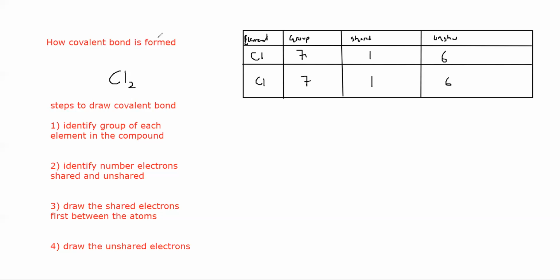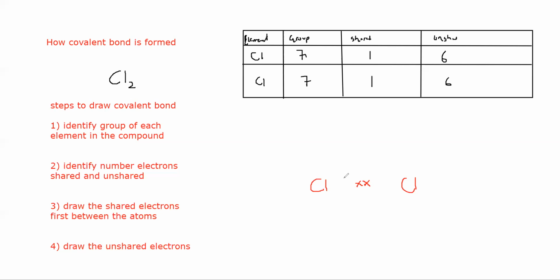Now to draw the structure, 2 chlorine you will draw. This is 1 and this is the other one. First, we will draw the shared electron between the atoms. This chlorine is sharing 1. So if this chlorine is sharing 1, this chlorine is also sharing 1. So these are the shared electrons.